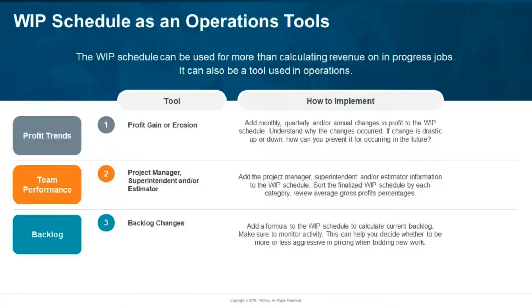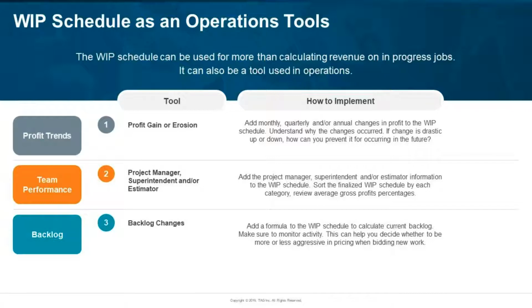Team performance: you can sort your WIP schedule by the PM, by the superintendent, by the estimator on the job, and see, okay, how does this PM or estimator do? Are their jobs profitable? Are they consistently over budget? Are they consistently under budget, right? These are some of the things that you can see.